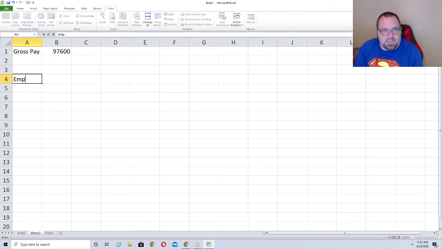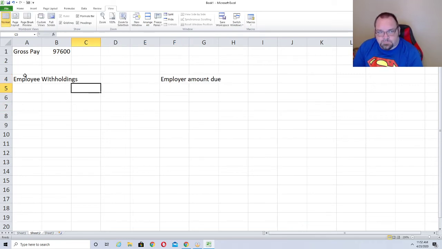Let's see, employee withholdings. And over here we'll do employer amount. We'll put amount due. So employee withholdings. Remember, we'll do the numbers over here in column A. The first one will be what?